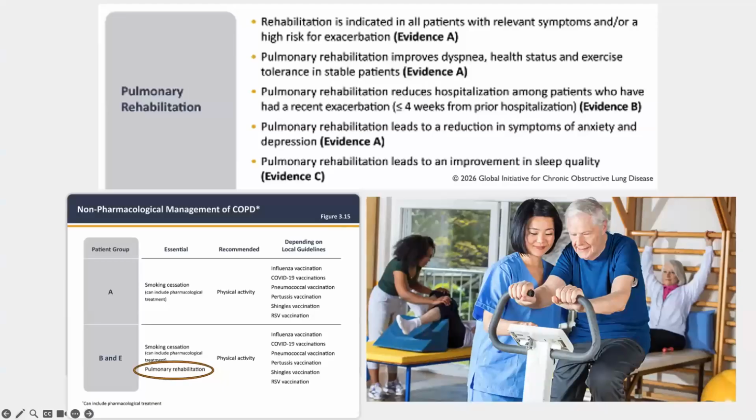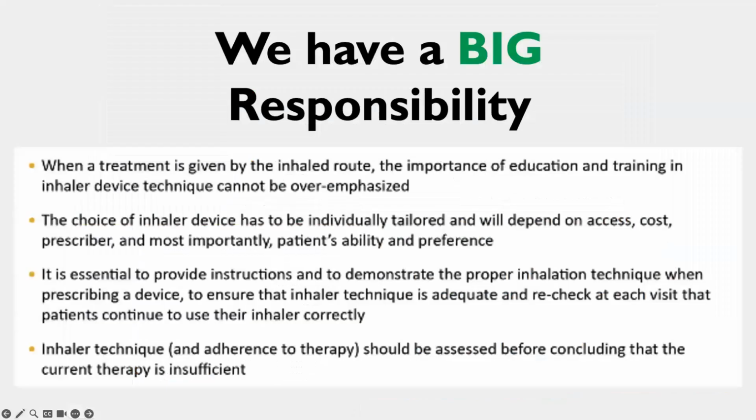Notice that pulmonary rehab, time and again, has been shown to improve health-related quality of life overall and to even decrease hospitalizations. And notice it's recommended for not only the worst case scenario, which is the E category, but also the B category. So both B and E will benefit from pulmonary rehab.